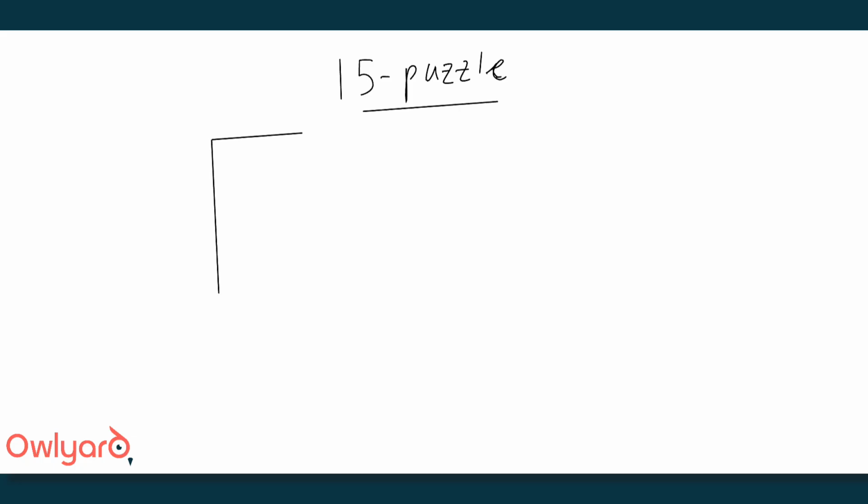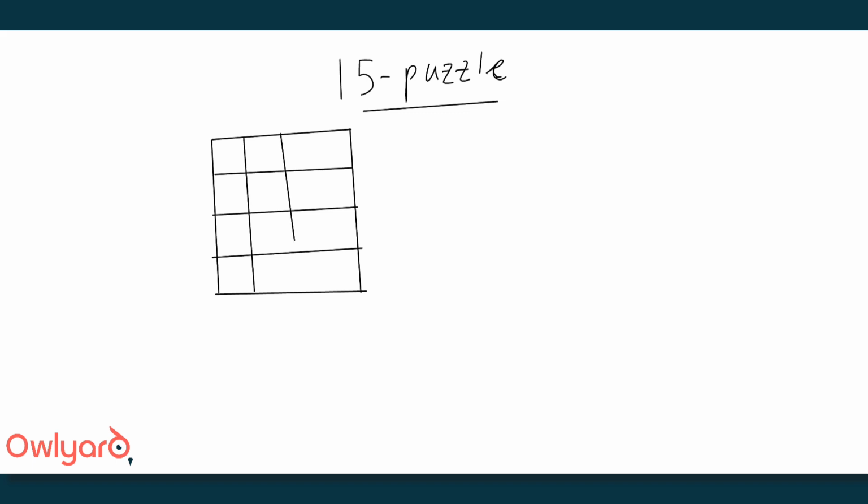You have a square with 4 rows and 4 columns, and all these squares have a number written on them: 1, 2, 3, 4, 5, 6, 7, 8, 9, 10, 11, 12, 13, and then 15, 14. And this last square is actually blank.